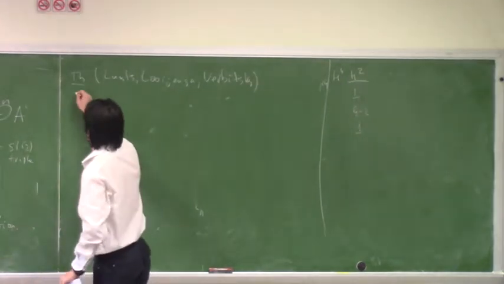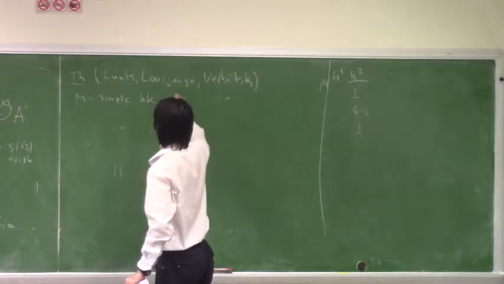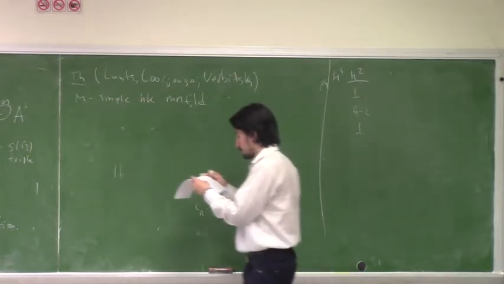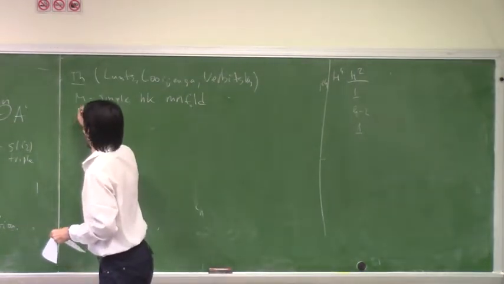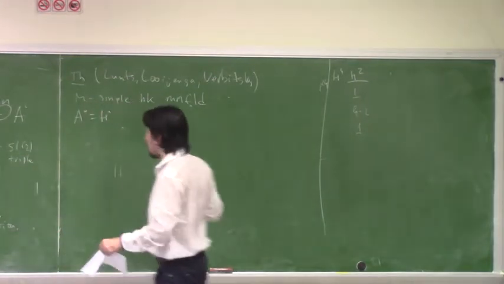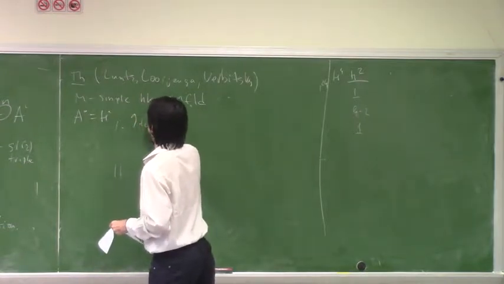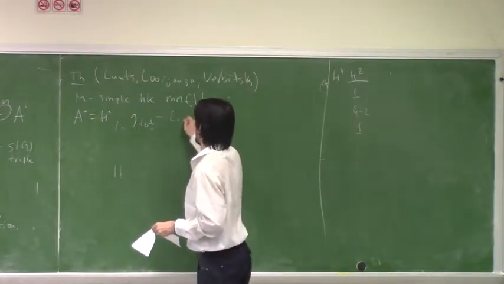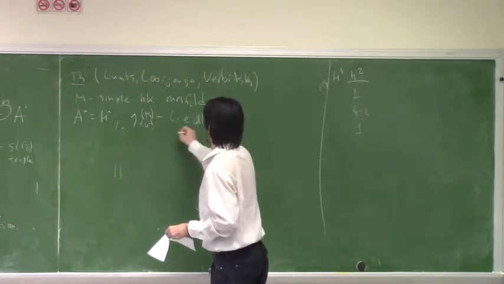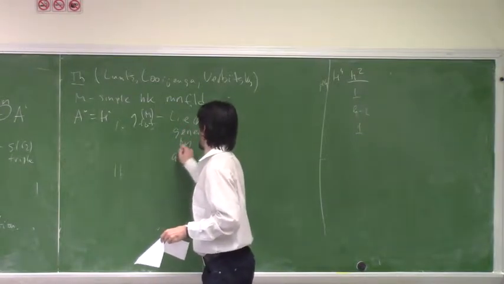So M is simple hyperkähler. So the Kuga-Satake algebra is the Lie algebra, the total Lie algebra, generated by all the asymptotic triples.